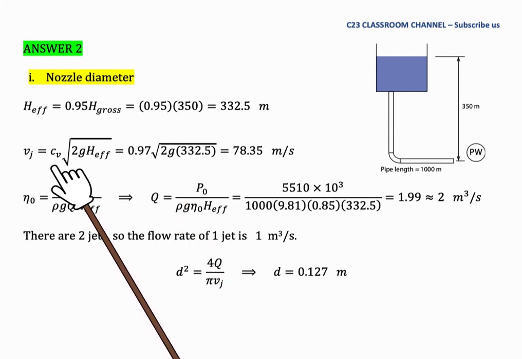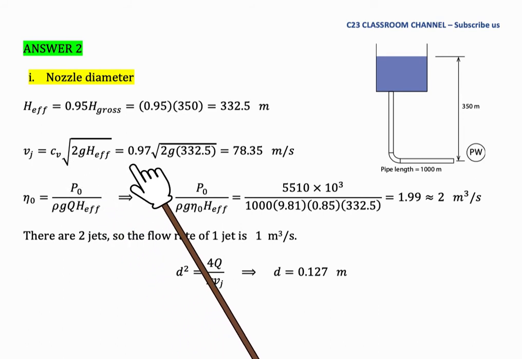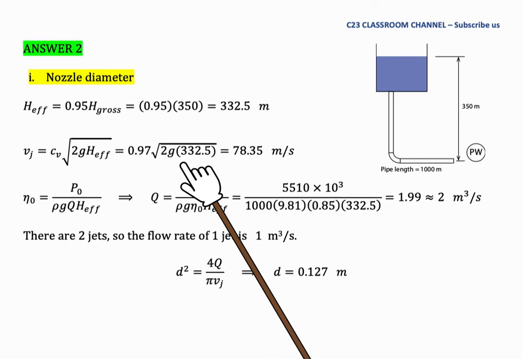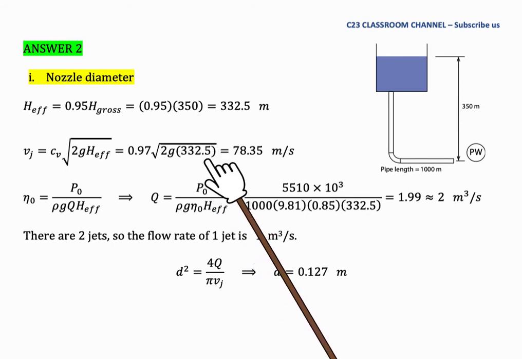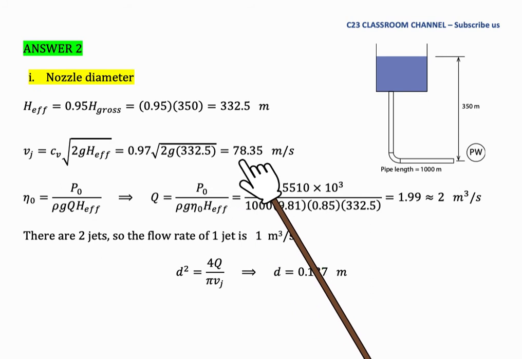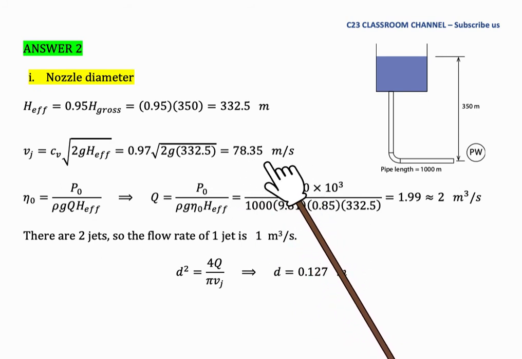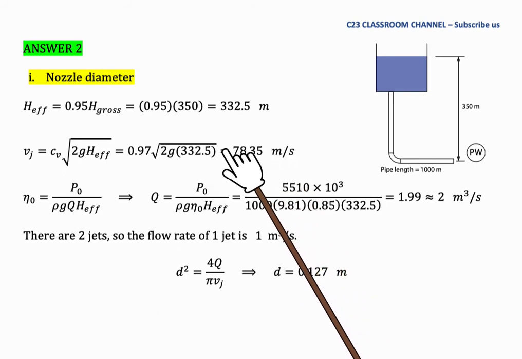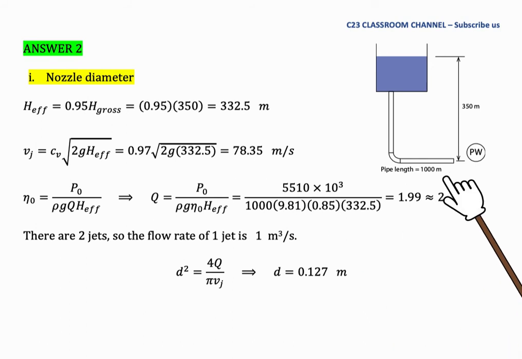So from the equation of CV, square root 2GH, we substitute the value and use the effective head here, 332.5 meters. We get the velocity of jet is 78.35 meter per second. And this velocity is the velocity of water jet that hits the bucket in the Pelton wheel.